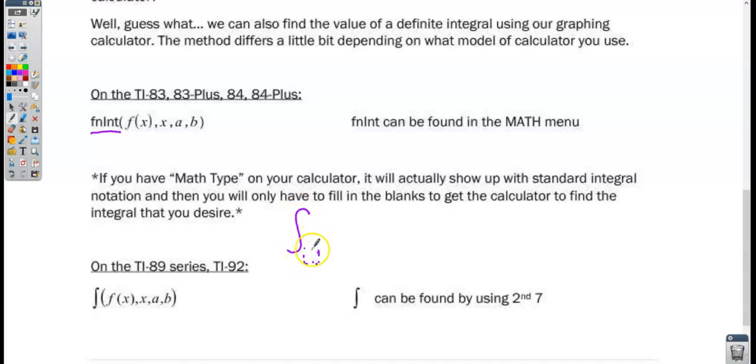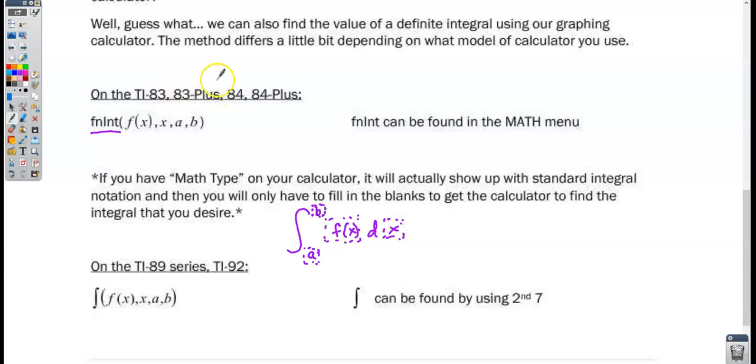I think they're dashed boxes. And it looks just like the integral symbol, and then you just need to fill in the values in the appropriate boxes. Your a value goes in this box, your b value goes in this box, your f of x goes in this box, and then an x goes in this box. And that's how you'll use the MathPrint.